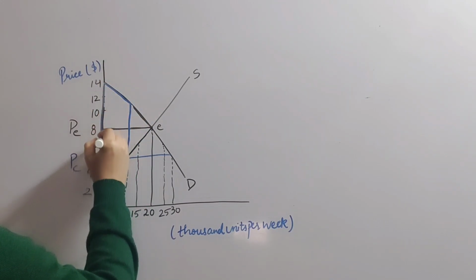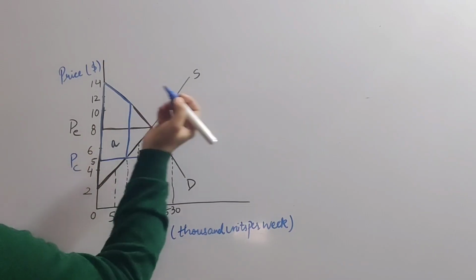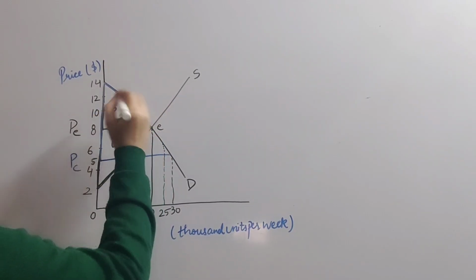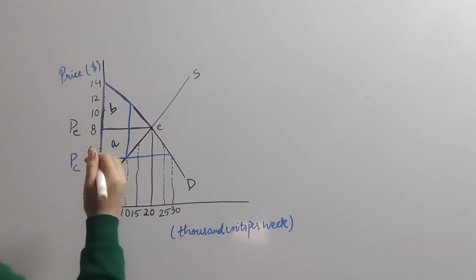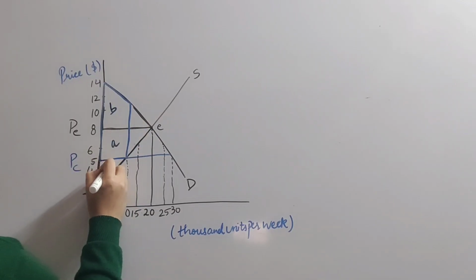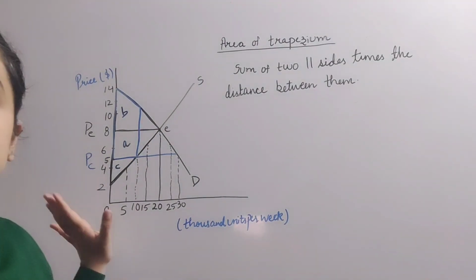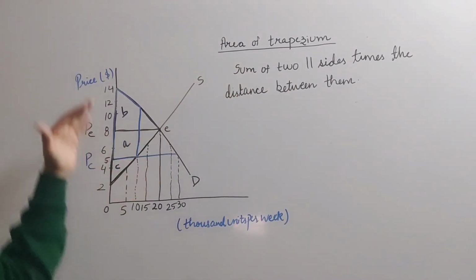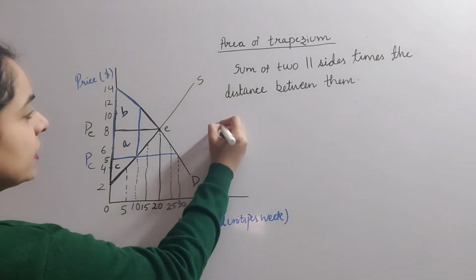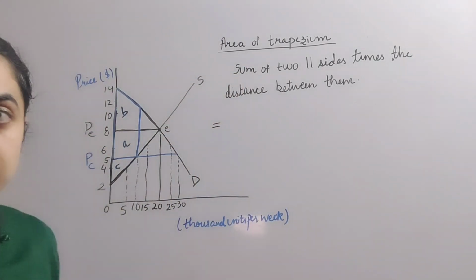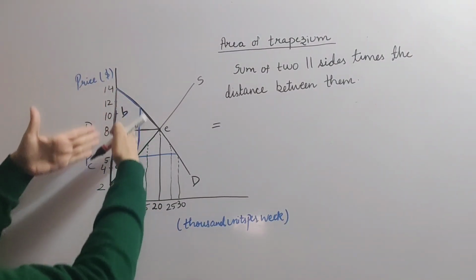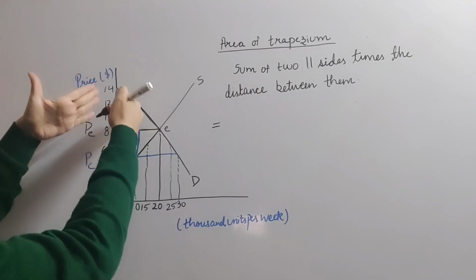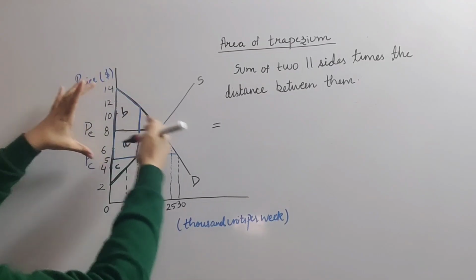So we can mention here that A plus this part B now represents consumer surplus as a result of price ceiling, and producer surplus is represented by this part C. So let's find the area of this trapezium in order to find our new consumer surplus as a result of price ceiling. As we can see clearly, these are the two parallel sides.